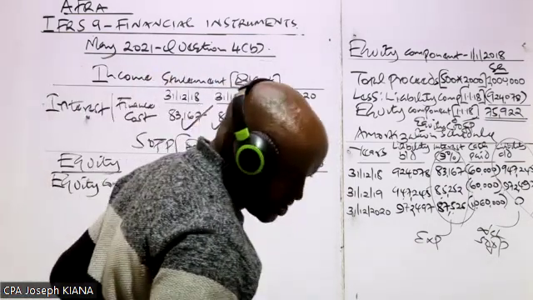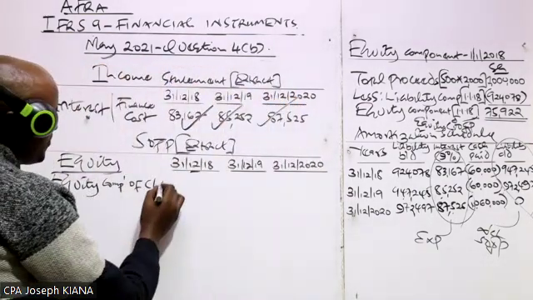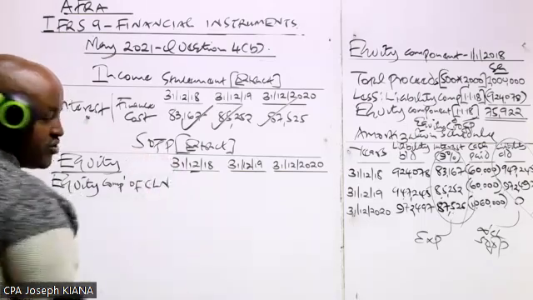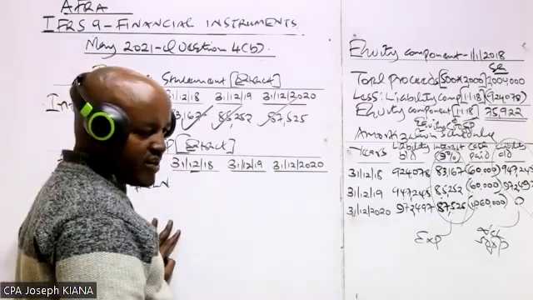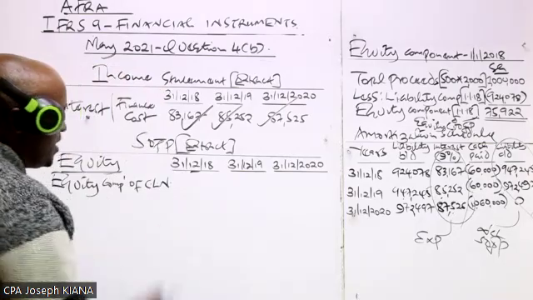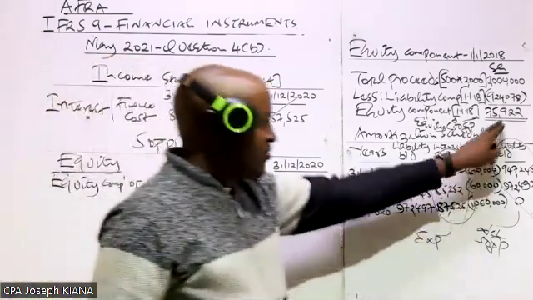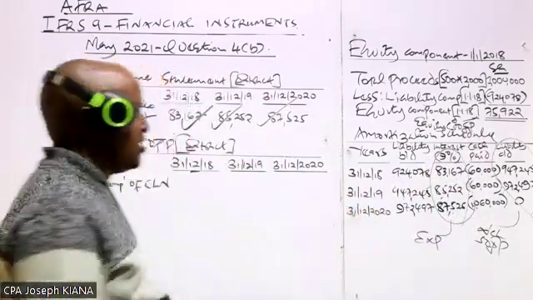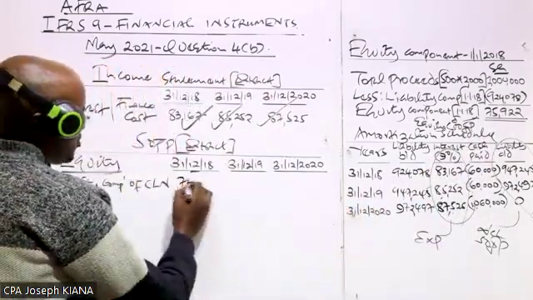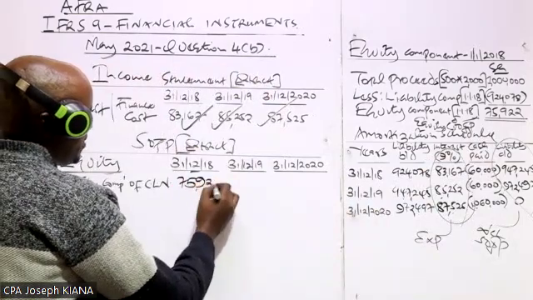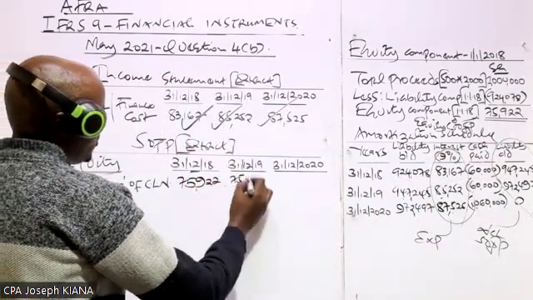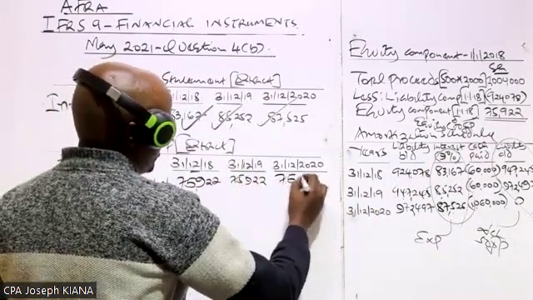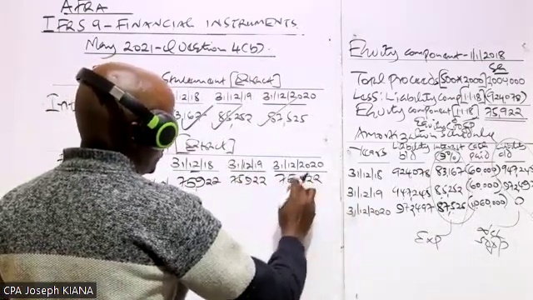Make sure you write that in full. This value here will not change. Over the period of 3 years, that one remains constant. It's not like the liability, which we are amortizing and which is therefore changing. It is 75,922.